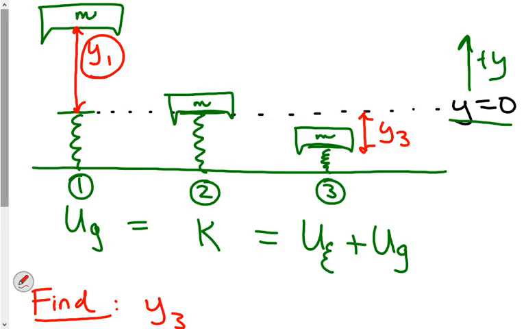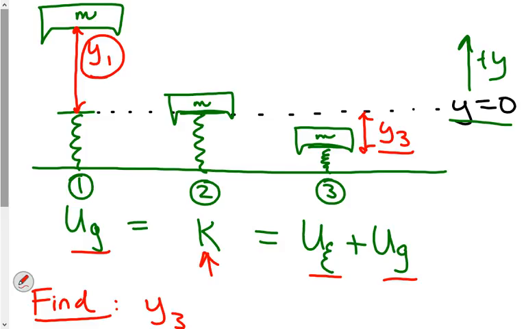Aren't I told how far above the spring my block is? Which means I know what the gravitational potential energy is. I'm trying to find Y3, which is going to play a part in both of those terms. But what I know absolutely nothing about is that kinetic energy. So as much as that would be nice and easy, I'd have to figure out what it was first.